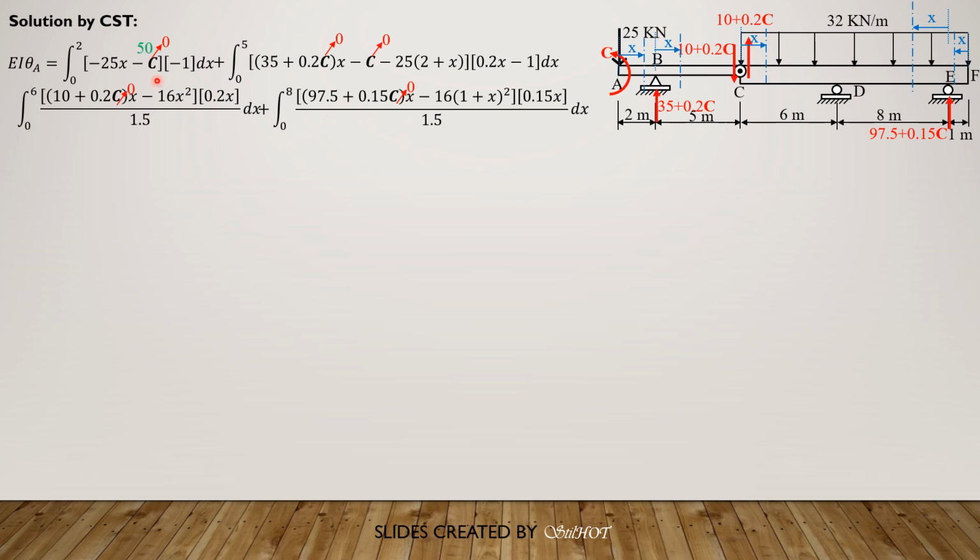Then the values of the remaining integrals would be equal to 50 for the first, 250 over 3 for the second, negative 595.2 for the third, and negative 8576 over 15 for the fourth. So combining, theta A can now be computed as equal to negative 10333.6 over EI.